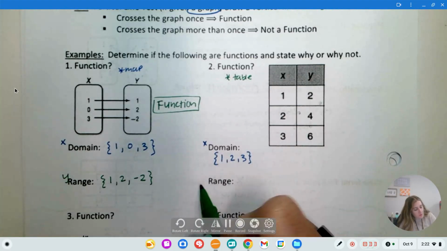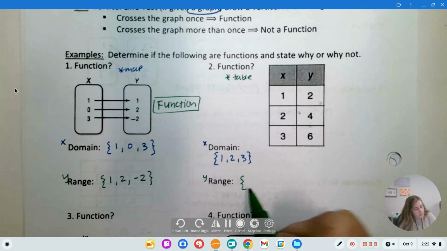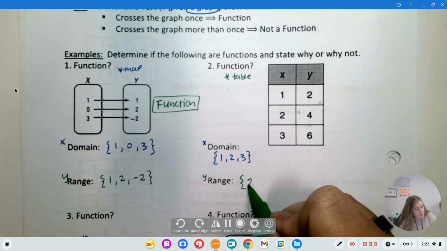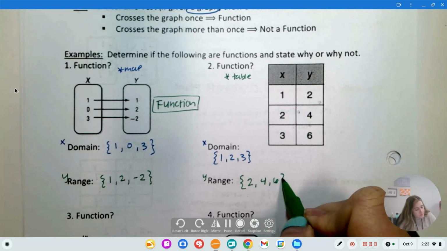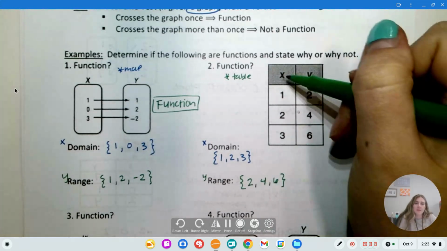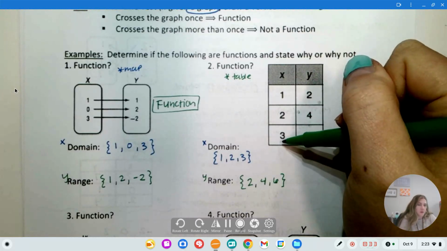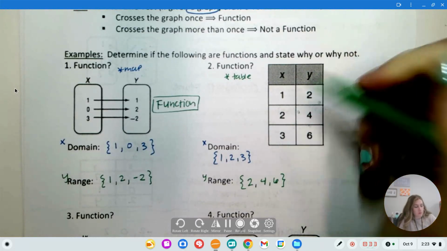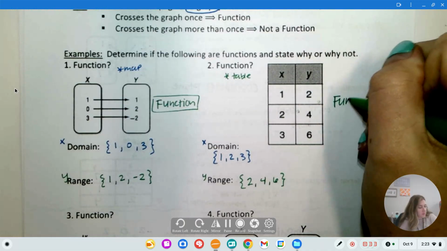Range is the y values. Fancy bracket, 2, 4, 6. Okay, is it a function? X's are 1, 2, 3. They do not repeat, so this is a function.